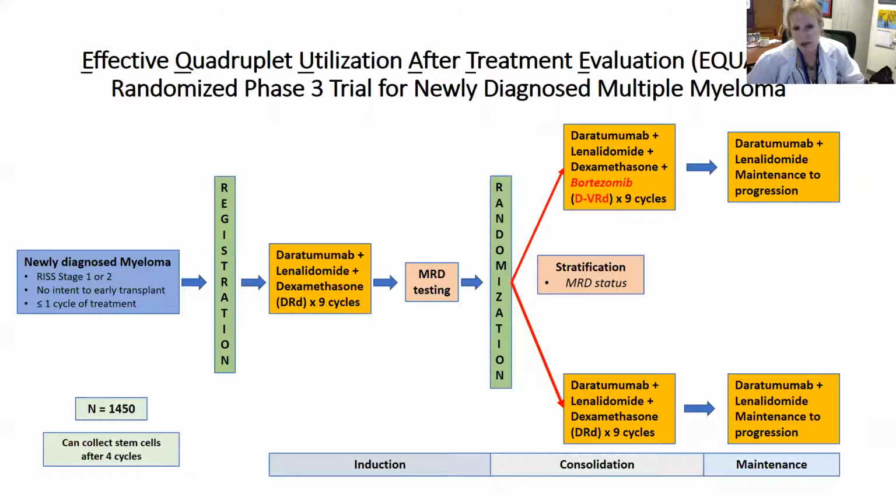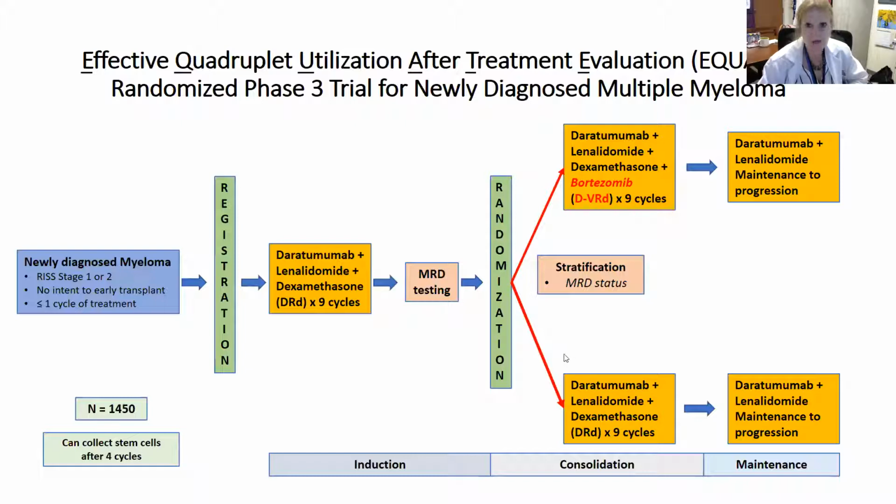This is a study approved by the National Cancer Institute, and this is felt to be ethical, basically saying, if you are MRD negative at this point, we don't know what to do. We wouldn't tell you to stop treatment based on what we know. And we don't know if you're MRD negative, if you're going to benefit from getting an extra drug or not.